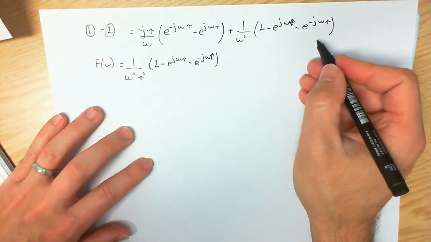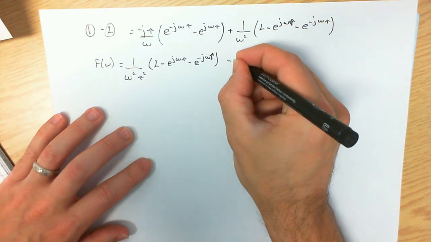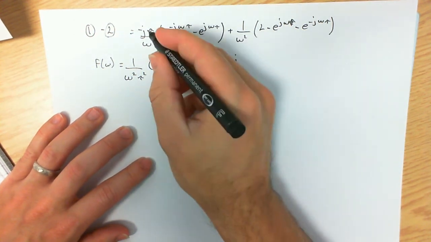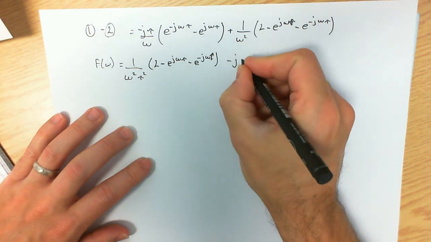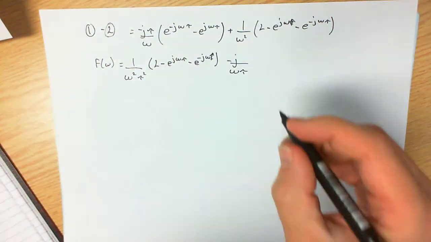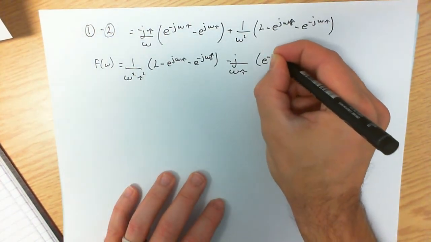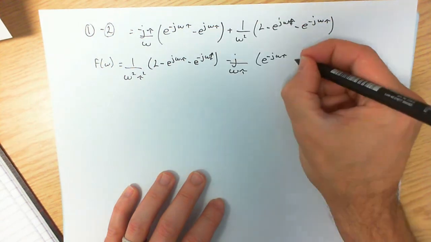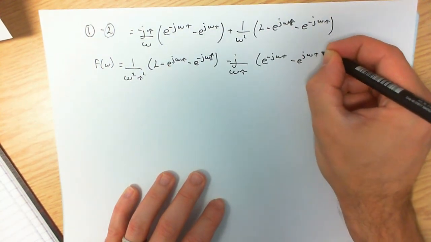So that's that bit. And then we've got minus j, tau cancels here, so we've got minus j over omega tau into e to the minus j omega tau minus e to the j omega tau.